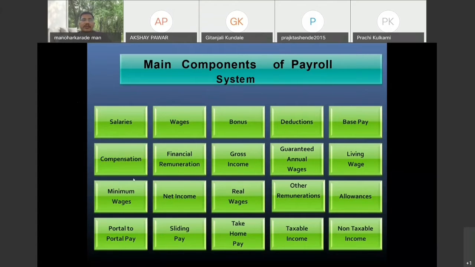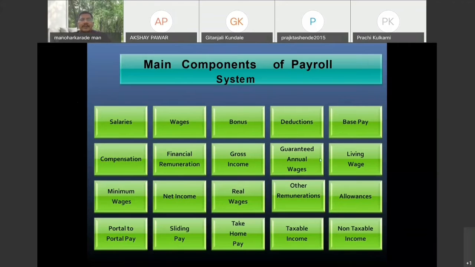Then financial remunerations, various kinds of remunerations which are being provided, travelling allowances, mobile allowances. Now we are getting IT allowances as far as companies running work from home are concerned. They are getting some IT infrastructure in terms of IT allowances for their computer, the internet and Wi-Fi, the facilities required for work from home.